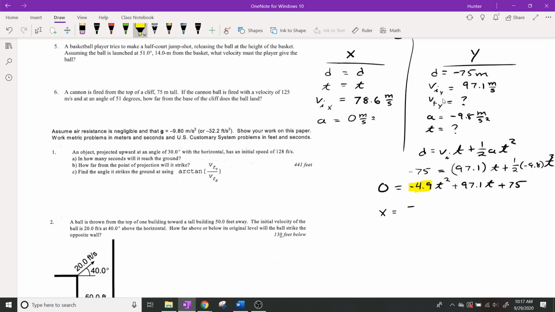This is A. This is B. This is C. So it's negative 97.1 plus or minus the square root of 97.1 squared minus 4 times 4.9 times 75, all over 2 times negative 4.9.